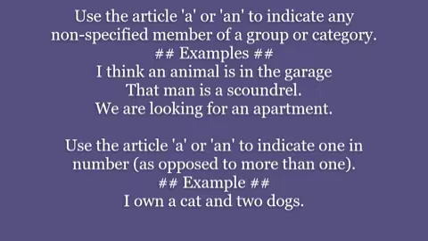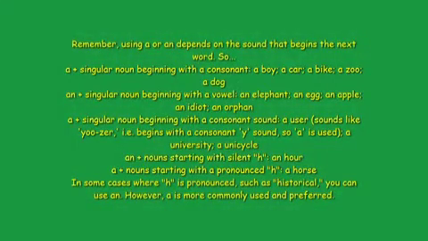Use the article a or an to indicate one in number as opposed to more than one. For example, I own a cat and 2 dogs. Remember, using a or an depends on the sound that begins the next word.